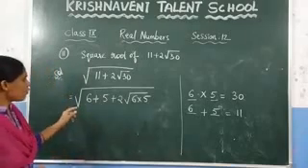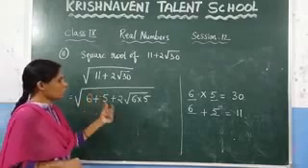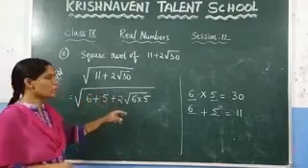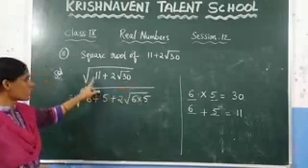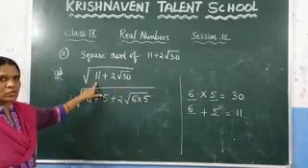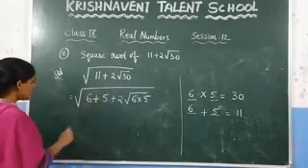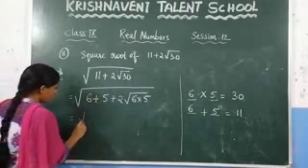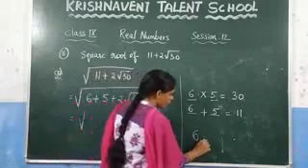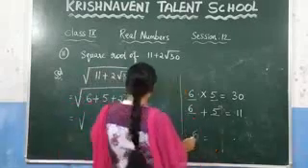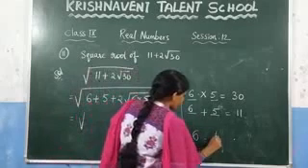For that reason what we have done here is take two values such that after multiplying those two values you get the result as 30, and after adding those two values you get the result as 11. What are those values? 6 and 5. Now this 6 you can write as root 6 whole square.